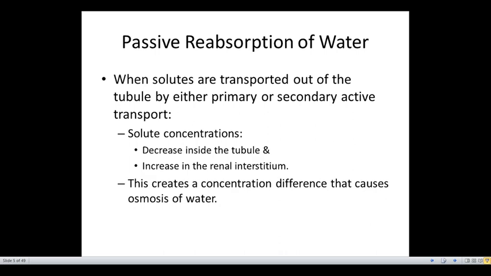When solutes are transported out of the tubule by either primary or secondary active transport, the solute concentrations decrease inside the tubule and increase in the renal interstitium. This creates a concentration difference that causes osmosis of water.